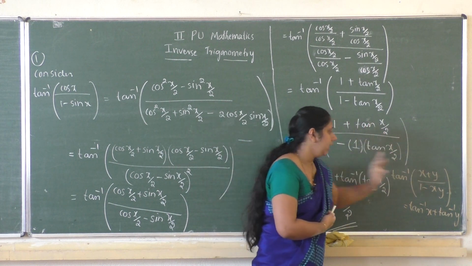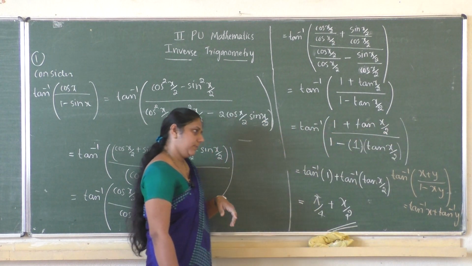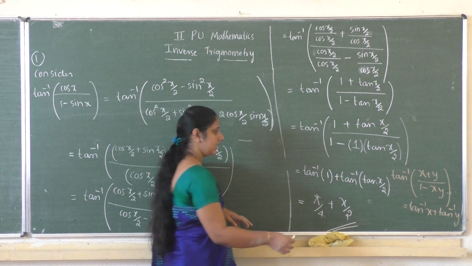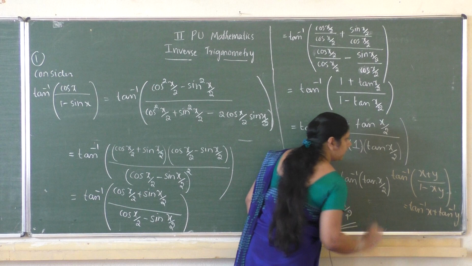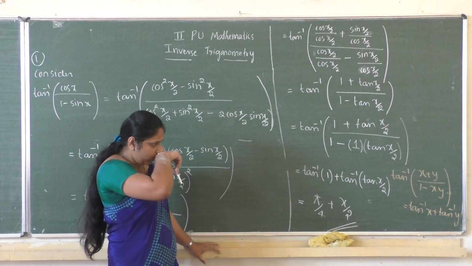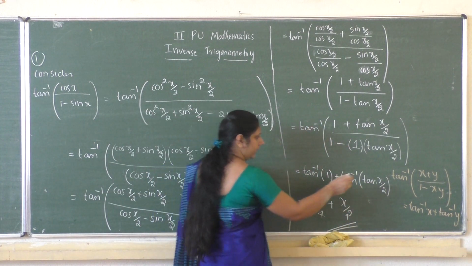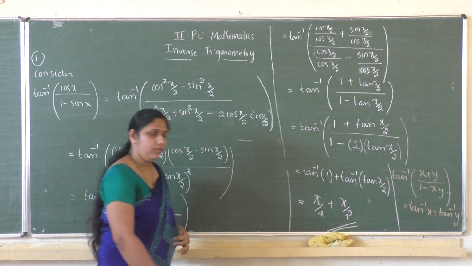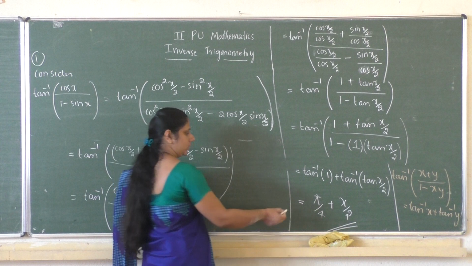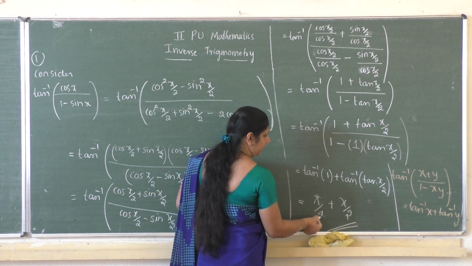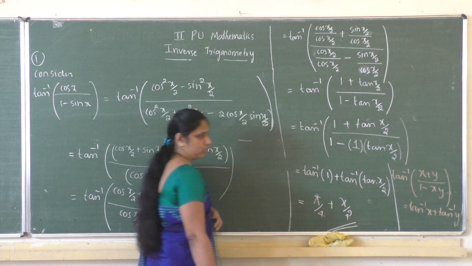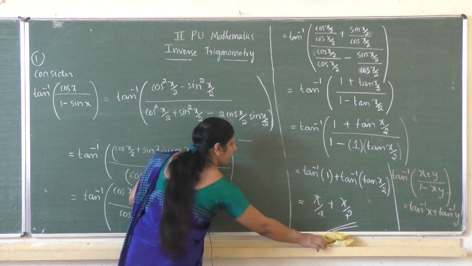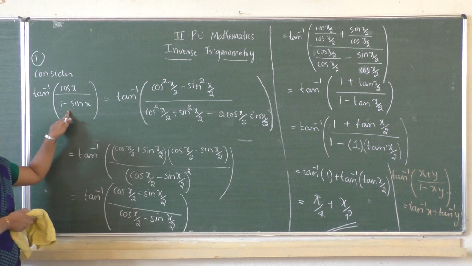This term looks like tan inverse of x plus y by 1 minus x into y, which is the same as tan inverse x plus tan inverse y. So after applying that formula, we get tan inverse 1 plus tan inverse of tan x by 2. So it is pi by 4 plus x by 2. So this is the simplified form of the given question.